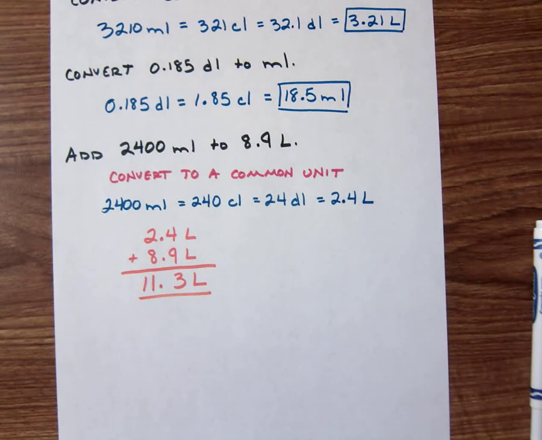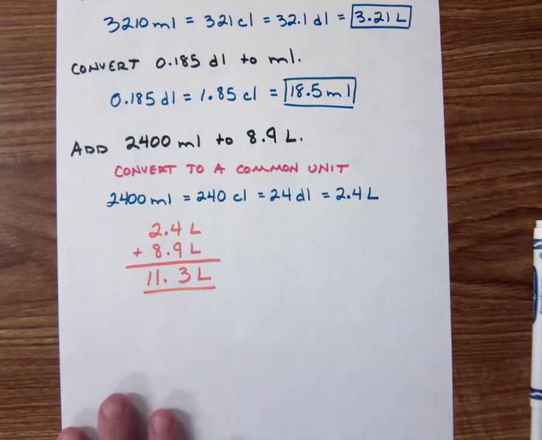Do you mean to add, not put 2 in between the 2,400 milliliters to add to the 8.9 liter? Kind of confusing. I don't understand your question. Can you ask it again?